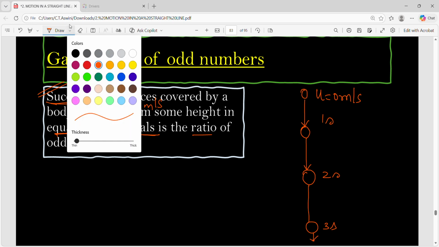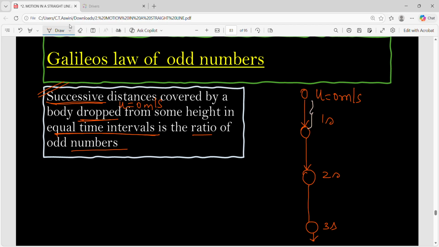Now, if I see the time gap here, 1 second. What is the time gap in between? 2 seconds minus 1 second, 1 second. And what is the time gap here? 1 second. So this is the meaning of equal time intervals. And if you see the distance here, let it be S1, S2, S3.